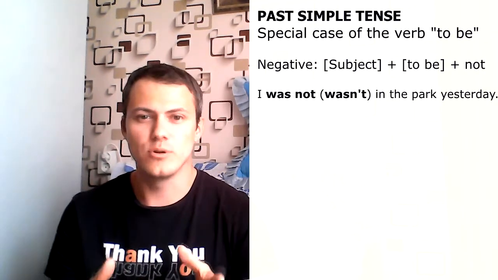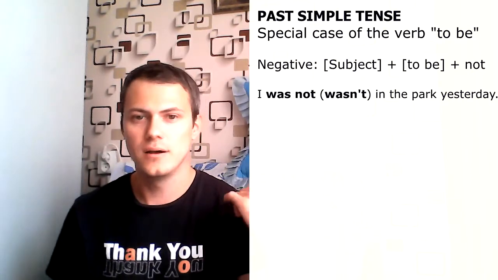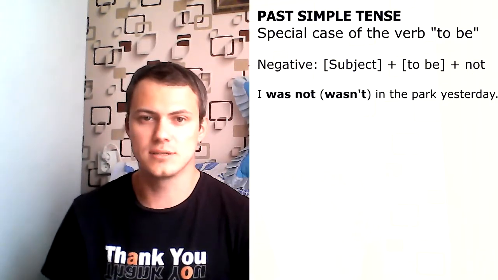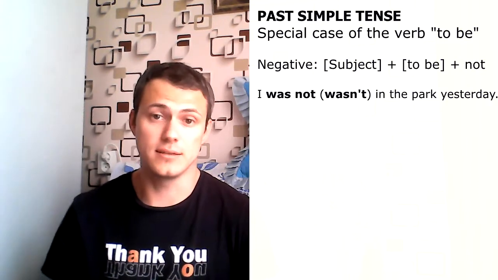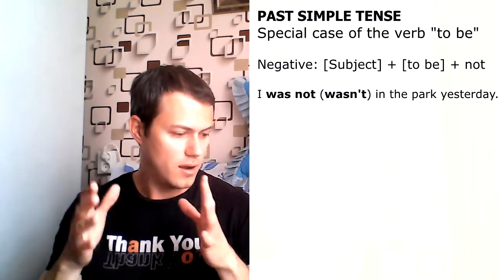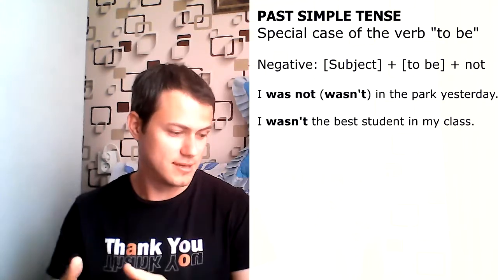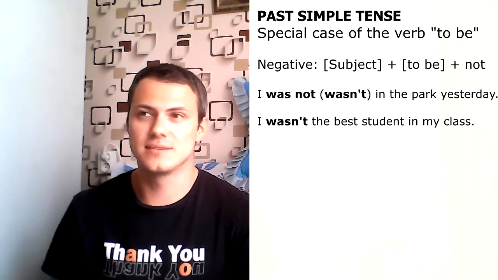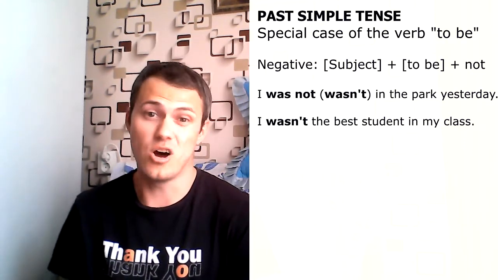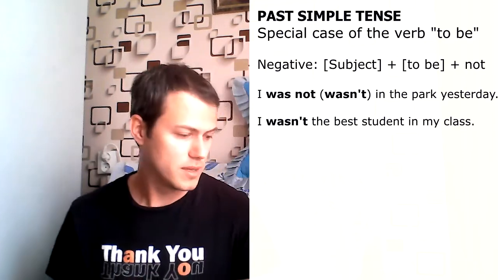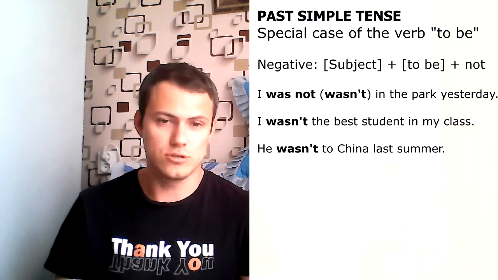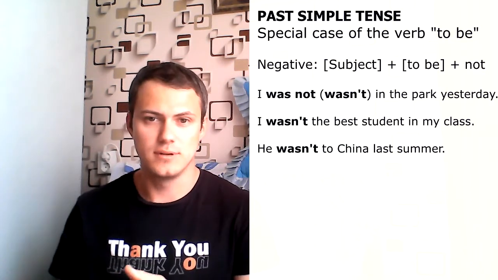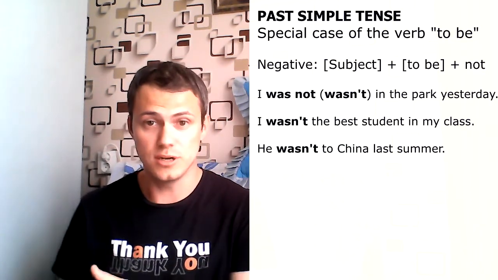I'm going to just take my previous example sentences and transform them into negative sentences. So, I wasn't the best student in my class, to be completely honest. He wasn't in China last summer. Yeah, he was in Italy last summer.